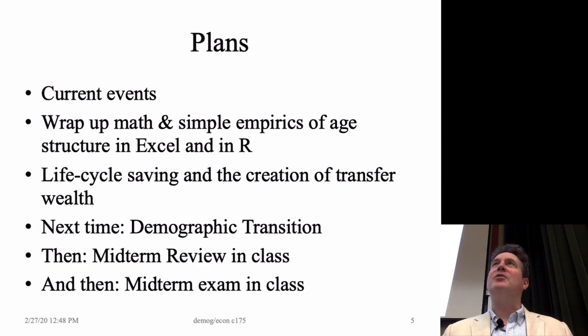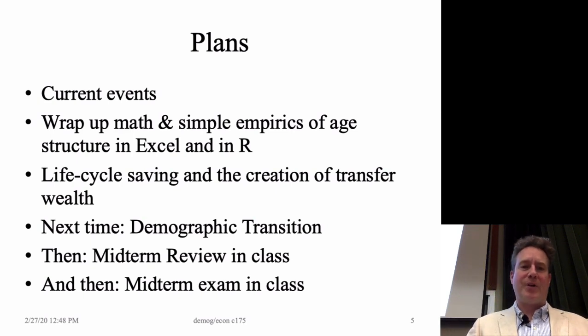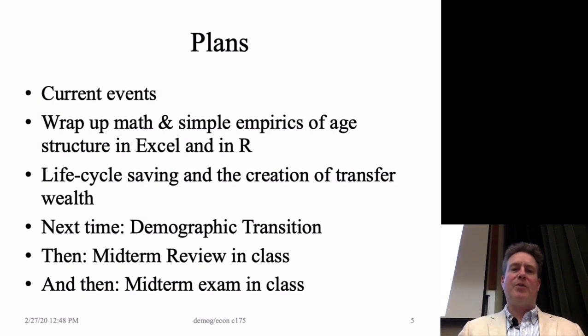Other countries have different names for their pension programs. In our country, we call it Social Security. Next time, we'll talk about the demographic transition, and then the time after that, the midterm review, 1 week from today in class, and then finally the midterm exam on Tuesday, March 10th.